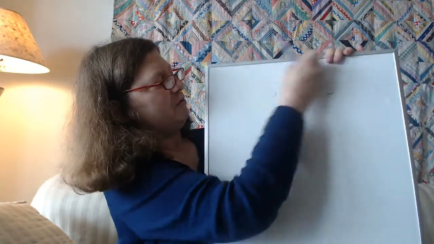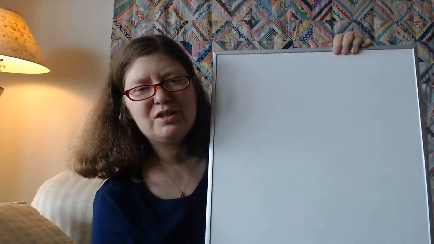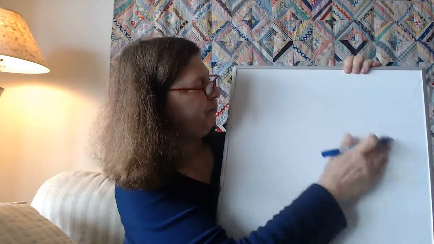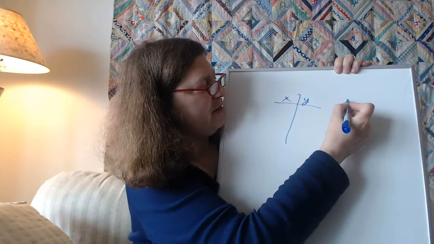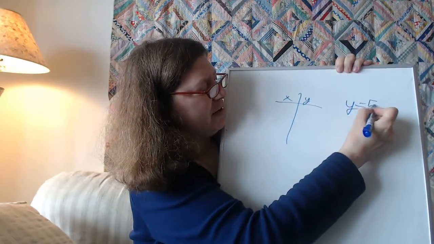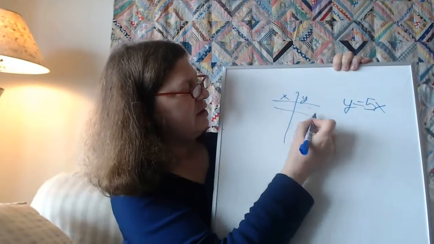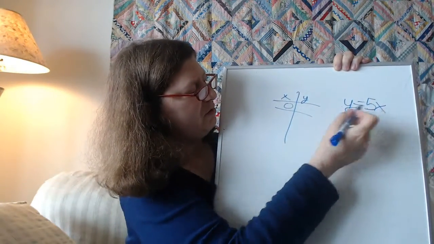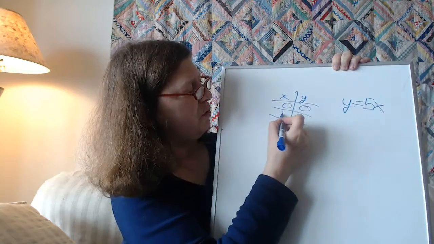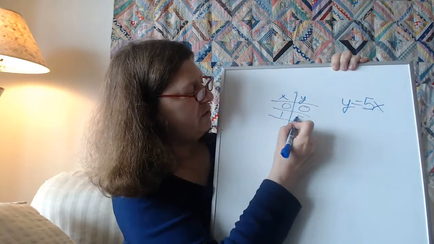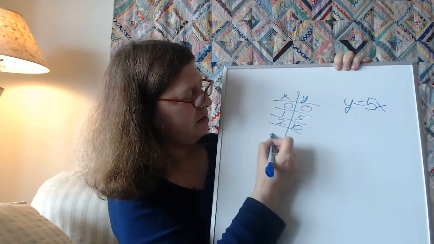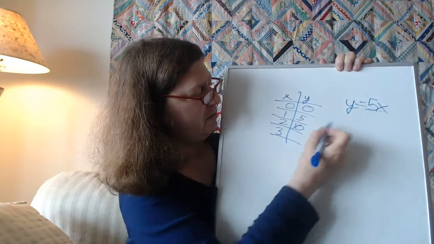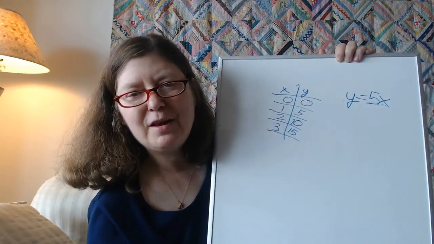But now that you've been studying nonlinear functions, let's just talk about linear functions. If you have an x and a y, and let's say y equals 5x, right? 0, 5 times 0 is 0. 1, 5 times 1 is 5. 2, 5 times 2 is 10. 3, 5 times 3 is 15, right?